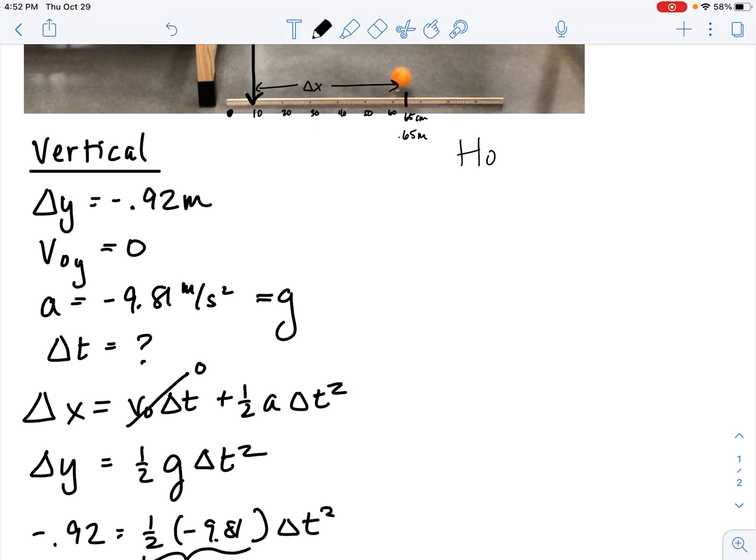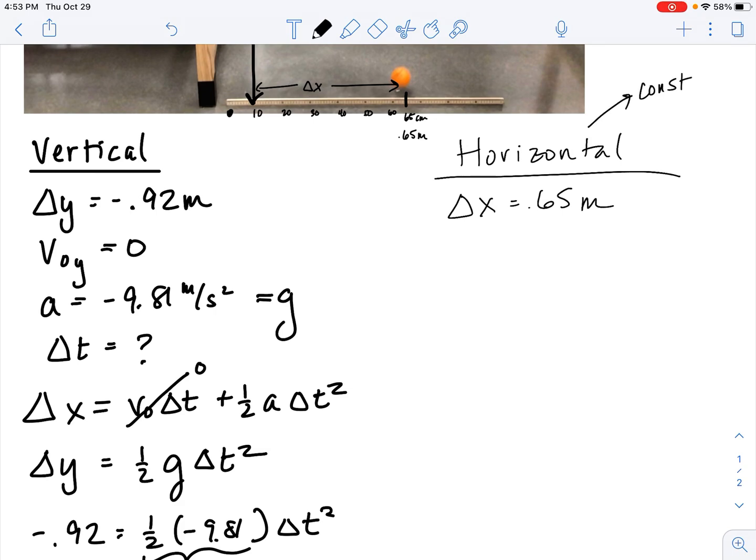So in the horizontal direction, what do we know? We know one thing, we know delta x. And that's really all we know. And there's really only one formula I can use for horizontal motion because the horizontal motion is constant velocity. There's no horizontal force on the ball, and therefore there's no acceleration in the horizontal direction.